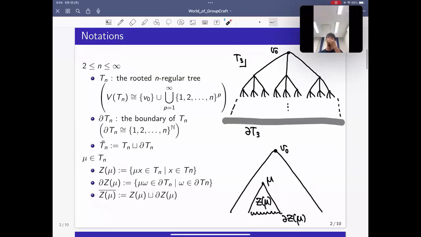And so the group we will consider today is based on the Higman-Thompson group, which is a generalization of the Thompson group V. So let us recall the definition of the Higman-Thompson group.